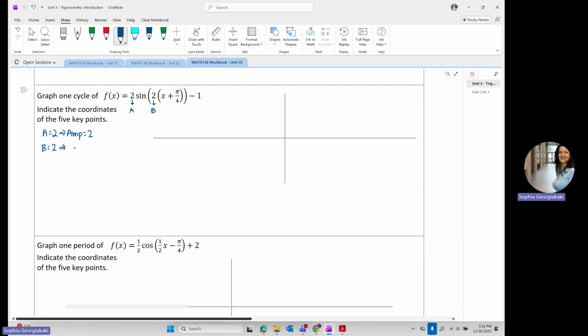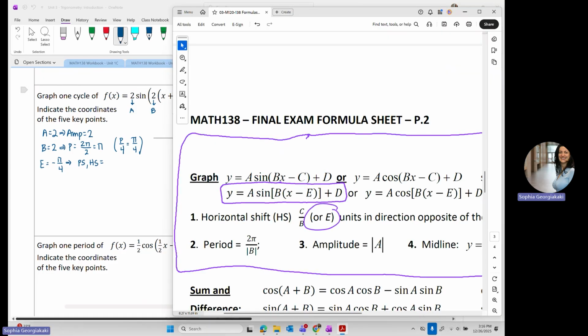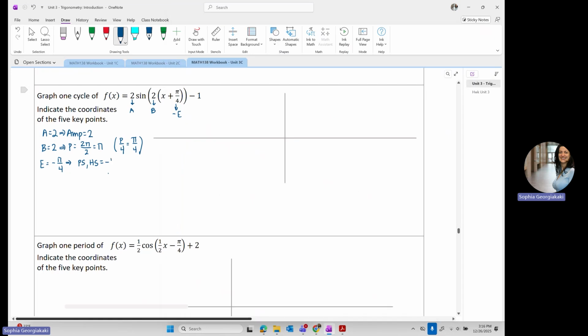That makes the period equal to 2 pi divided by 2, which is pi. And obviously, the quarters of the period will be pi quarters, which I will need for the x-coordinates of my critical points. This is minus E. So the E here is negative pi over 4. And that says that the phase shift or horizontal shift is equal to E. So it is negative pi over 4. That will be my horizontal shift.